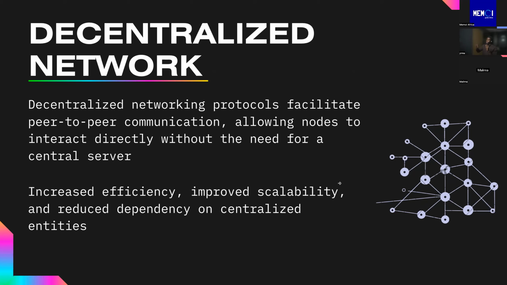Decentralized networks ensure that we can do really cool things without relying on a centralized server. Decentralized networks are everywhere in the world, and everyone is able to contribute and keep the server running. This increases efficiency, improves stability, and reduces dependency on a centralized entity.